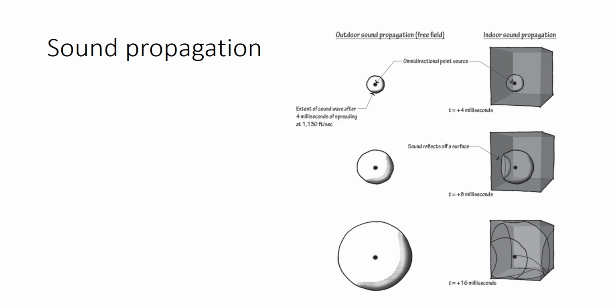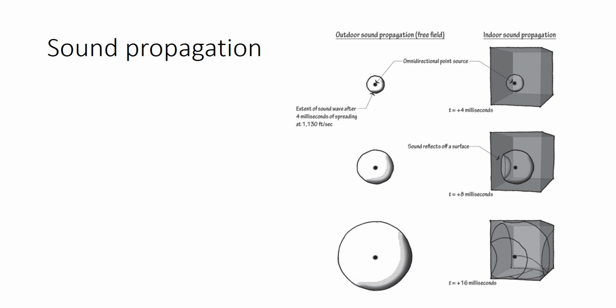Here you can see, if you have an omnidirectional point source and then this cubical volume surrounding the point source, the sound gets reflected and it may die out after 16 milliseconds, depending on the sound intensity level and also the dimensions, and how far each plane's distances are. So these things you just have to remember.